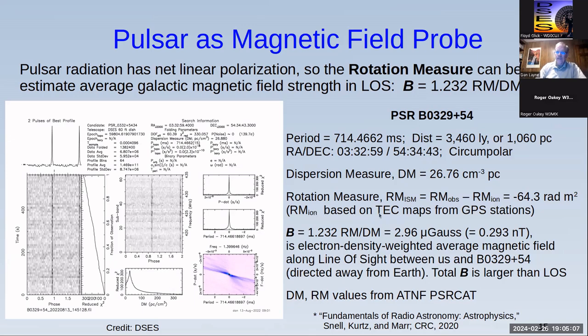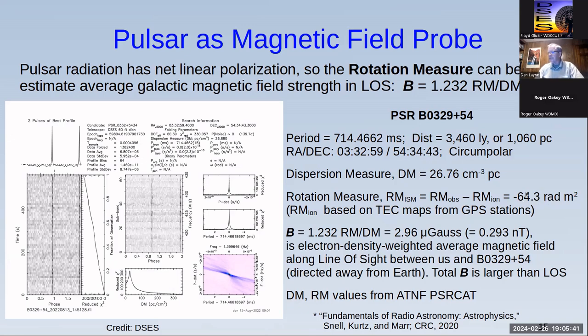TEC is the total electron count. There are models, you can get them from NOAA, and we get them down at Haswell. This is what the University of Texas instrument is measuring, total electron count right there at Haswell. So use a GPS station, compare L1 and L2, then you can estimate the ionospheric contribution of the rotation measure, subtract that from your observed value, and in this case an average value is minus 64.3 radians per square meter.